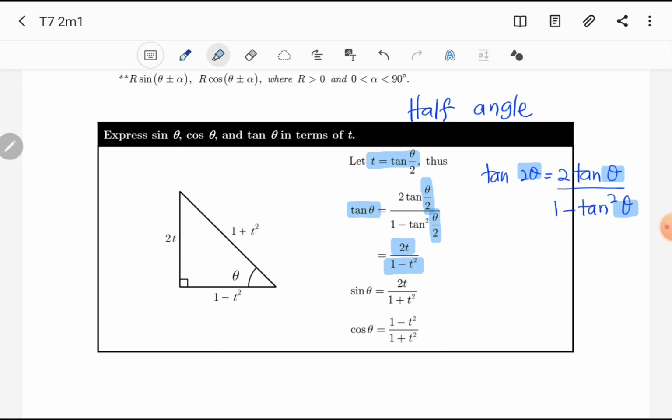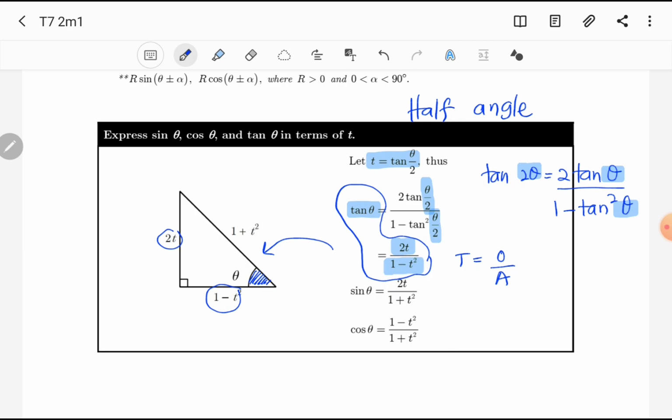So from this expression, kita akan lukis a right angle triangle. We know that tangent is opposite over adjacent. Sebab tu kita akan letak theta kita kat sini. 2t opposite over adjacent 1 minus t square.